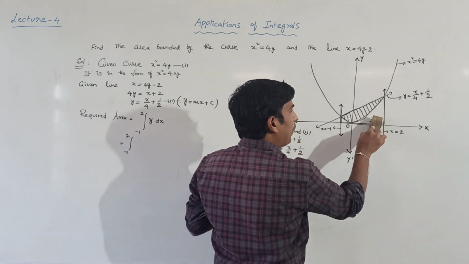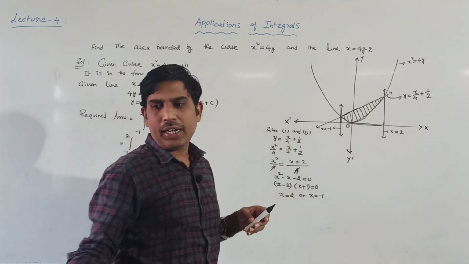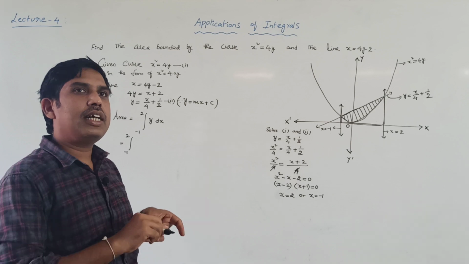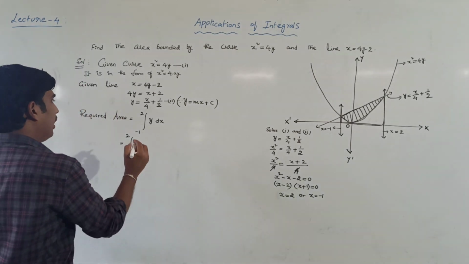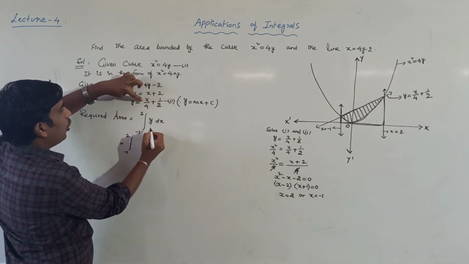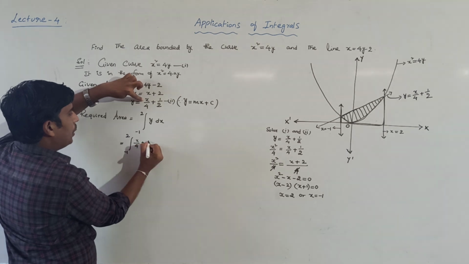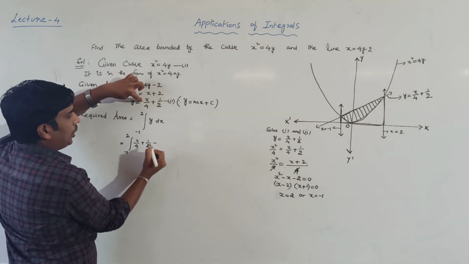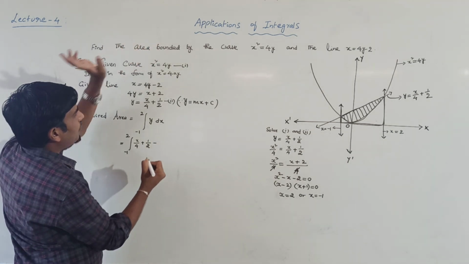The area bounded by the line minus the area bounded by the curve, that means line area minus curve area we have to take. So the line y value is x by 4 plus 1 by 2, minus the curve area. In the curve equation, what is the y value?